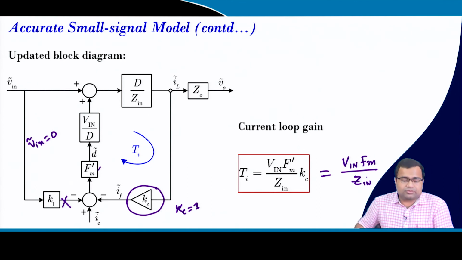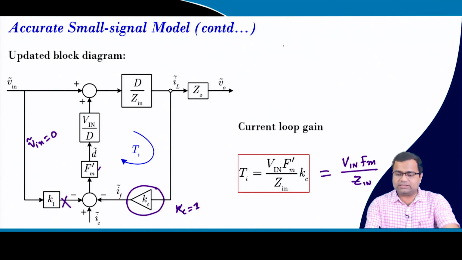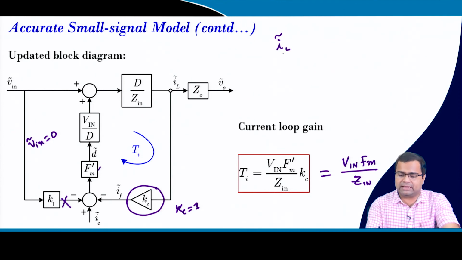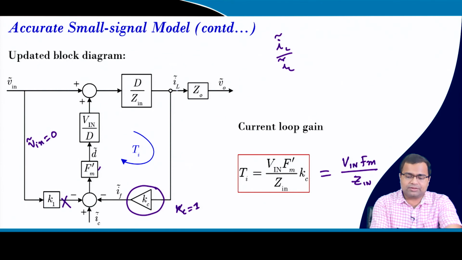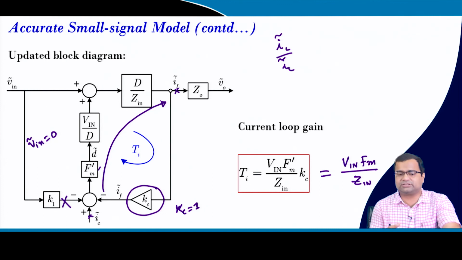Okay. So, under this case, what is the transfer function between IL and IC? This is in the forward path, right, this is my forward path, and since Kc equal to 1, the forward path transfer function is the same as the current loop transfer function. So, it is simply Ti by 1 plus Ti.